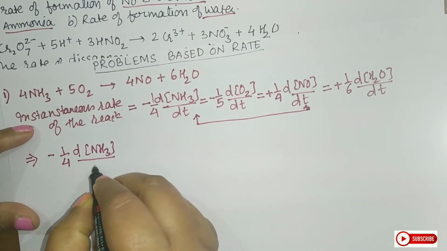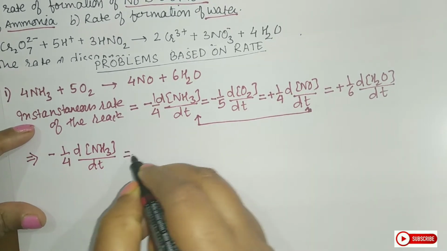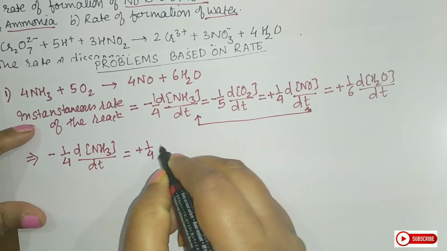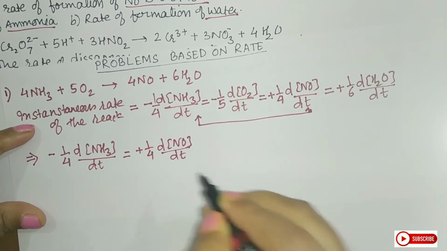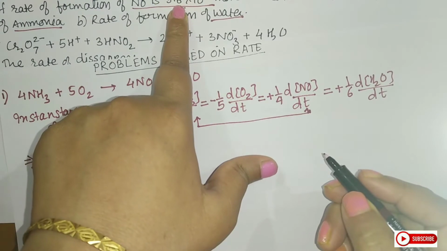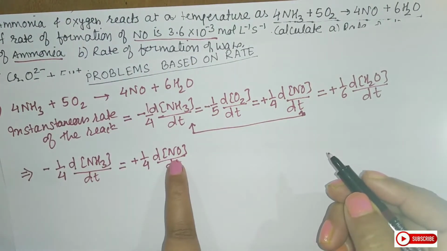Here the negative sign has no meaning. It is only indicating that there is a decrease, is equal to 1 upon 4 d[NO] by dt. In the question, the NO concentration is given, that is 3.6 into 10 raised to minus 3. Let us substitute that here.